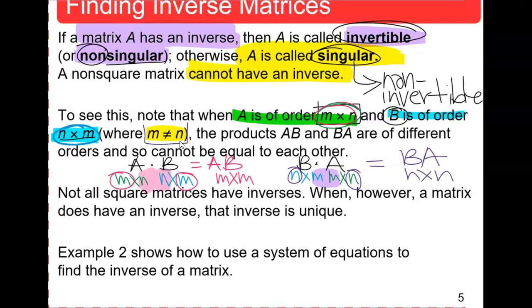And remember, we're saying here they're not equal. So matrix multiplication is non-commutative. However, if the matrix has an inverse, that is one of the special cases where it is commutative.